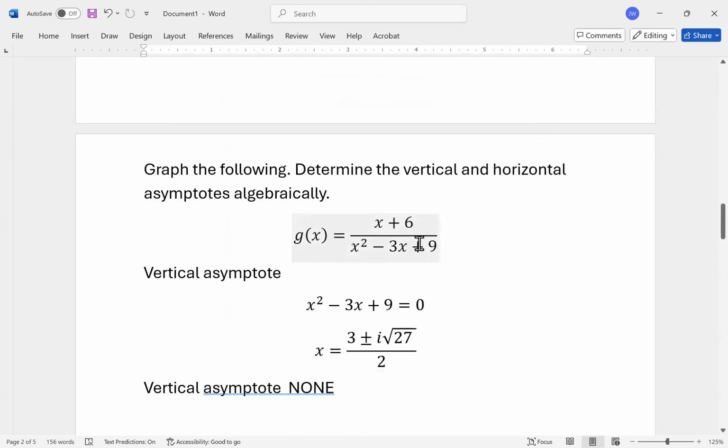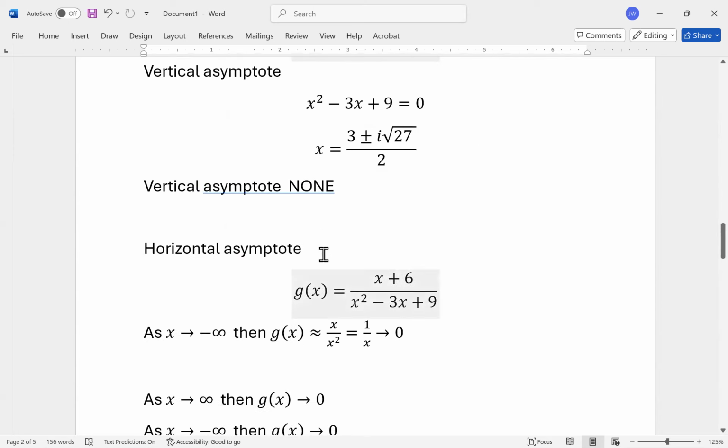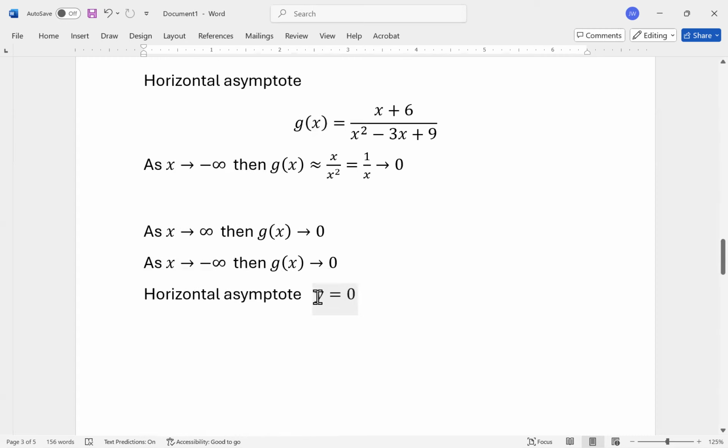But if the degree on the top is smaller than the degree on the bottom, then the horizontal asymptote is going to be y equals 0 for the reasons we have here.